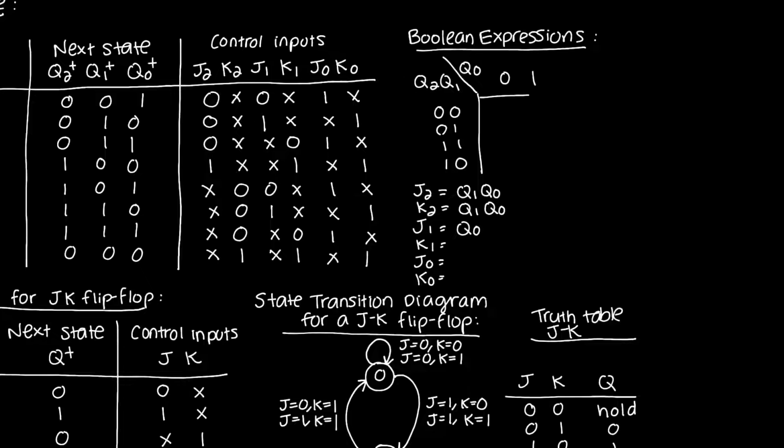K1 now. I am looking at this column, and I've got X, X, 0, 1, X, X, 0, 1. And in fact, hey, look at that. It's the same as J1. So equal to Q0.